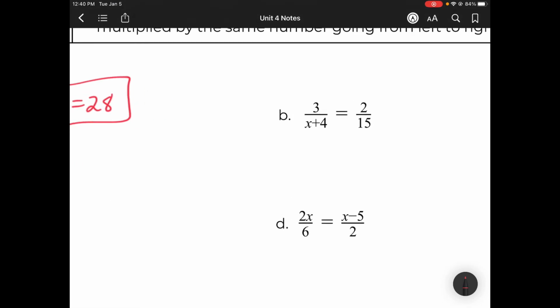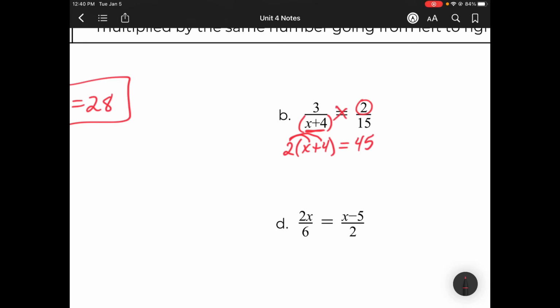But when we move over to the next example, B, you'll notice that it looks a little more complicated. We have this expression in the bottom of that ratio. When we cross multiply, I have to take all of that expression times 2. So you need to write it with parentheses so that you remember to distribute in that cross product. The other cross product is just 3 times 15, which is 45.